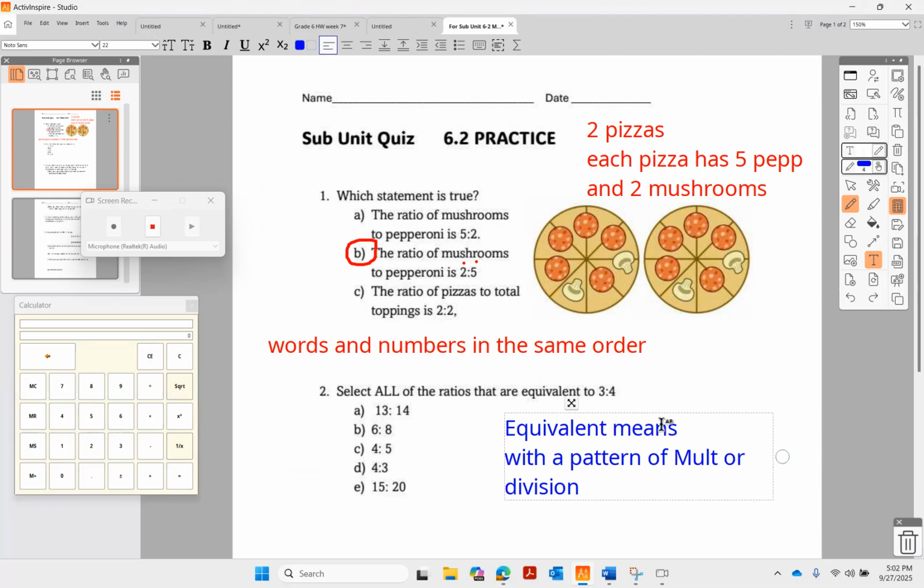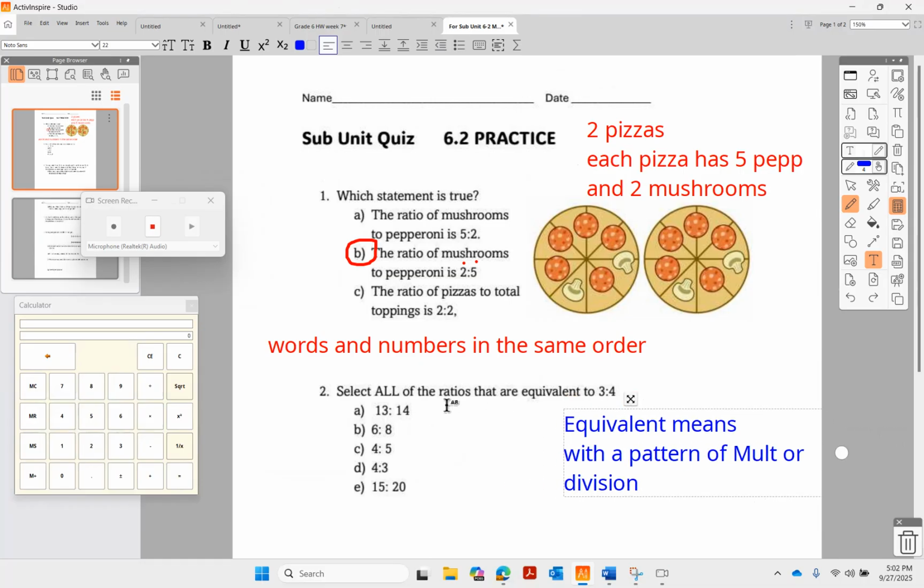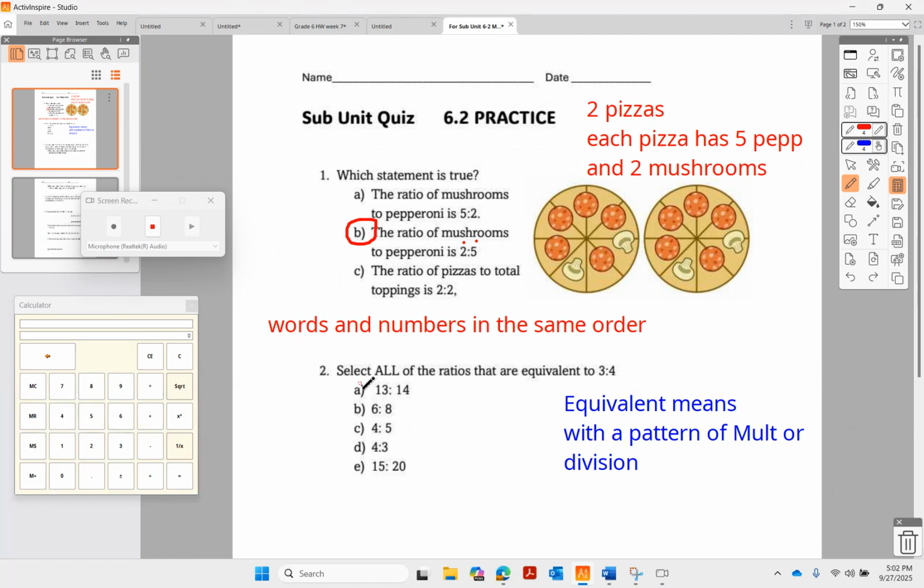So for instance, some kids will say, 3 plus 10 is 13. And 4 plus 10 is 14. That is a pattern by addition, not multiplication. So it is not equivalent. Do you need me to type that for you? Sure, I'll do that.